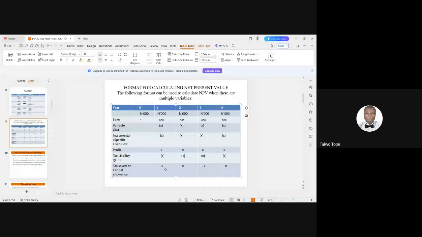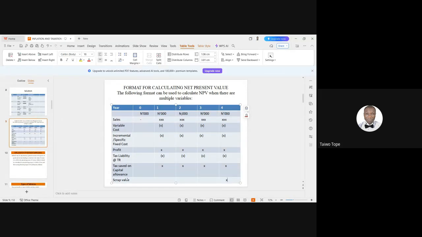Will it be an income or an expense? Your scrap will be an income. Let's say you have a 5-year period, you have an income as at the end of that period.